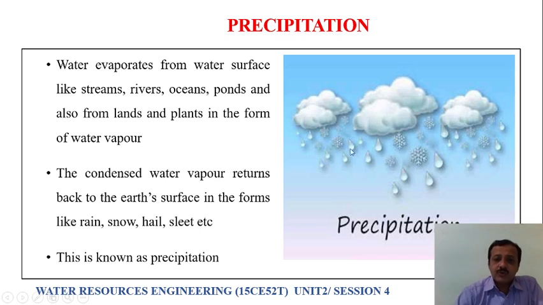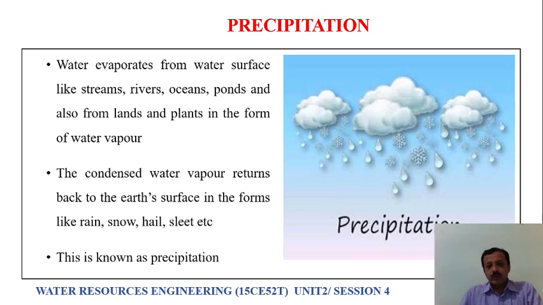They form clouds, and this vapor gets cooled at the topmost layer of the atmosphere. During the cooling process, condensation takes place. When all this water vapor gets cooled, it combines and forms heavier particles. These heavier particles fall back onto the earth's surface, either in the form of rain, snow, hail, or sleet.